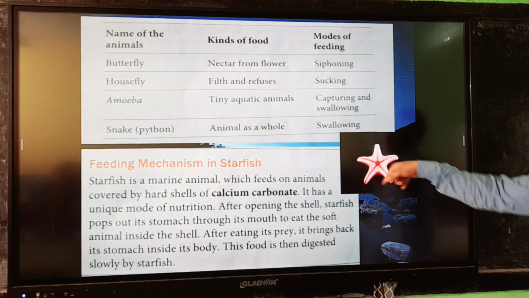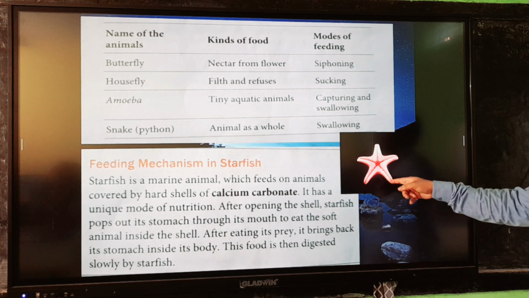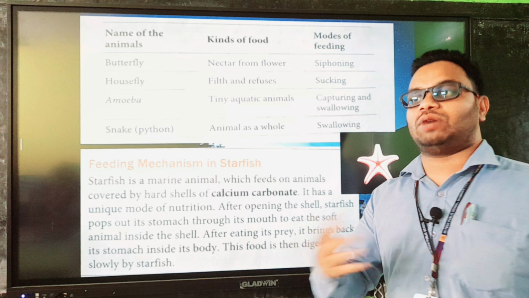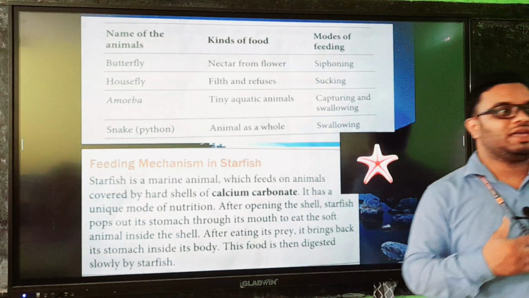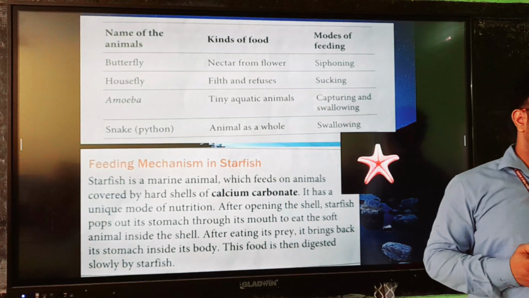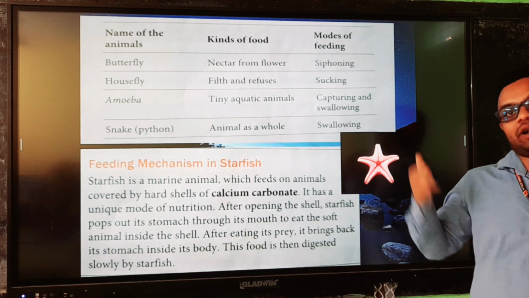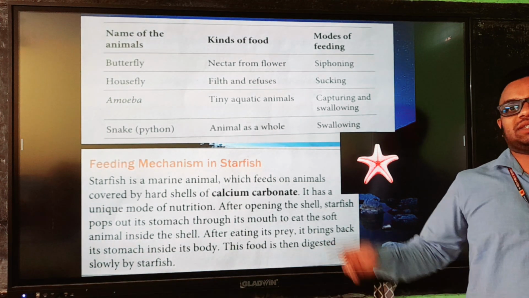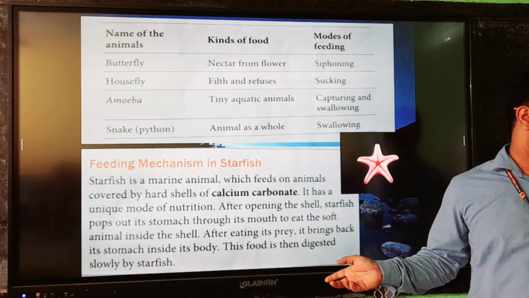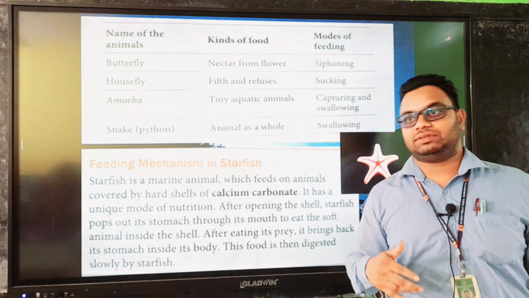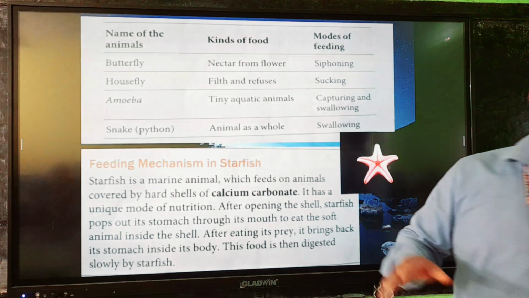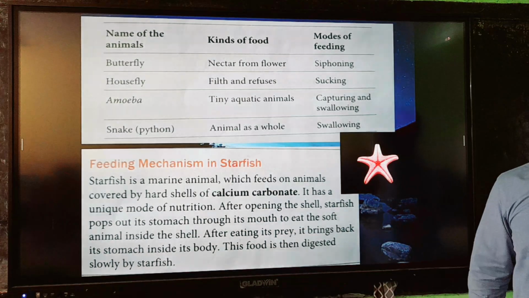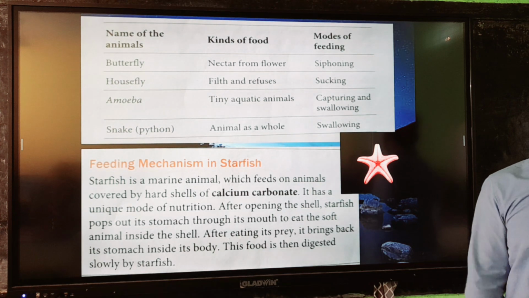In starfish you see here, the image of a starfish is very unique. You all have stomach inside your body or not? You have a mouth. What is the starfish going to do? It takes out its stomach from its mouth to eat food. After taking out the stomach from its mouth, it eats food. Then again it brings back the stomach to its normal position. Can you do that?